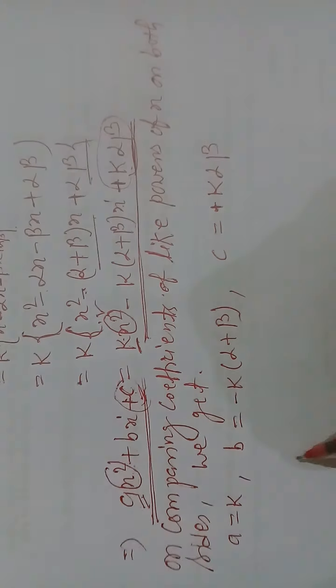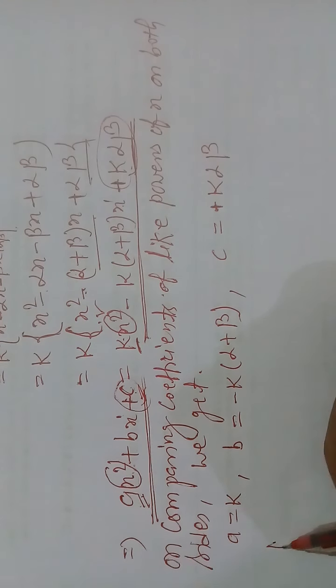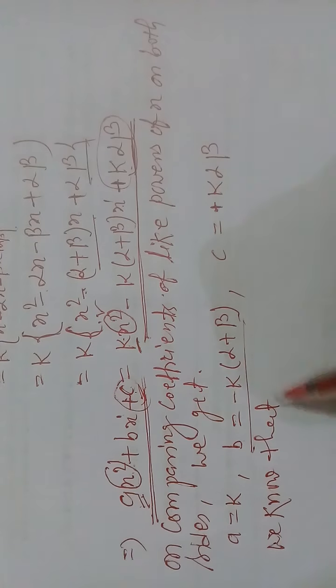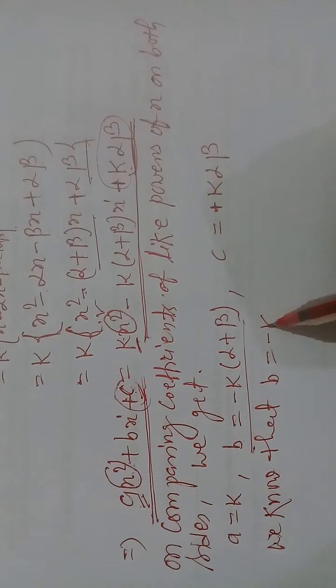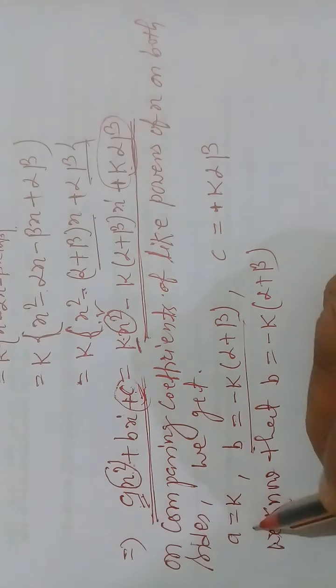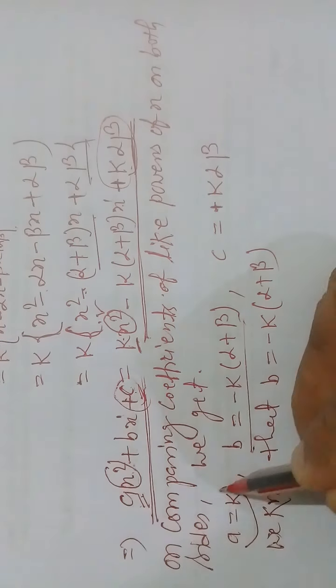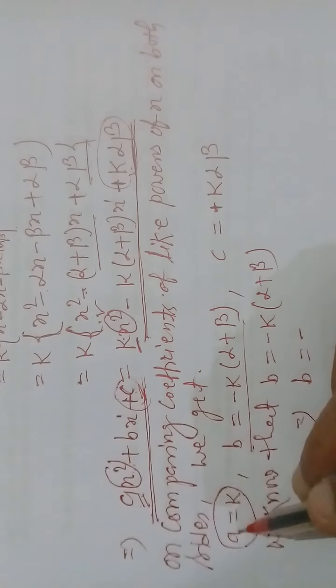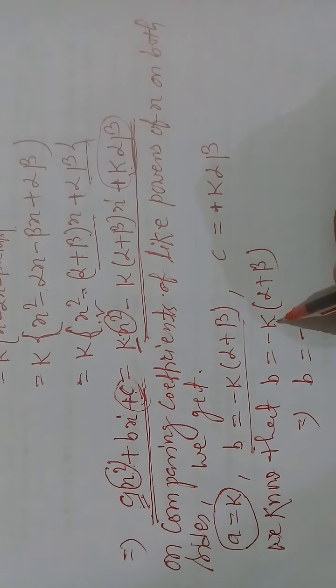Now we know that b is equal to minus k(alpha plus beta), and also we know that the value of a is k. Now putting the value of k, b is equal to minus a, putting k as a, times (alpha plus beta).